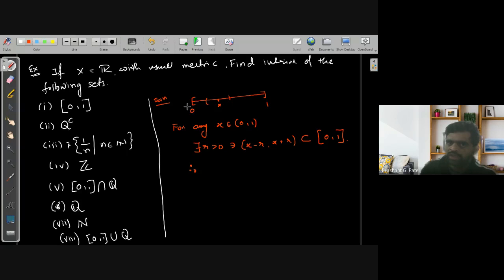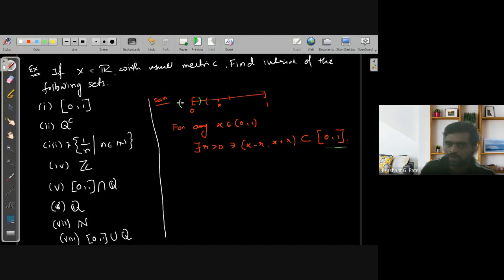So can you say that 0 is an interior point of this set? The answer is no, because if you try to draw a neighborhood of 0, that neighborhood will not lie entirely in the closed interval 0 to 1.